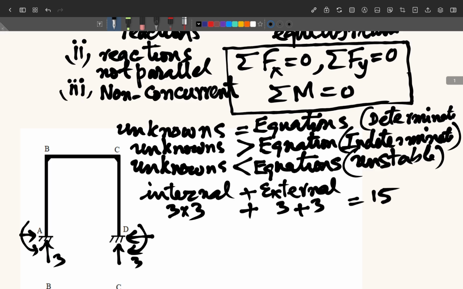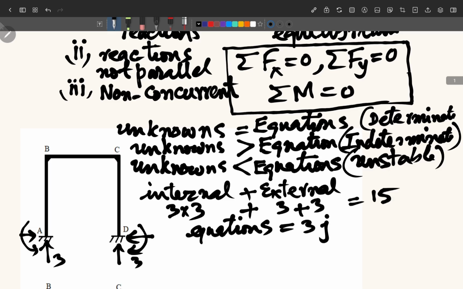Now how many equations are possible for solving this structure to find these unknowns? For that we have to look at these rigid joints, because at every rigid joint you will get 3 equations. So the equations equal 3 into the joints.